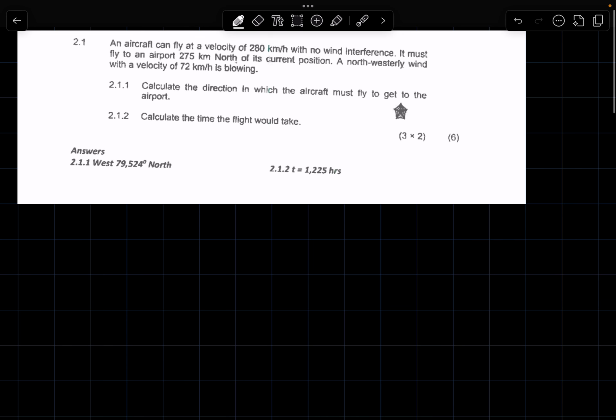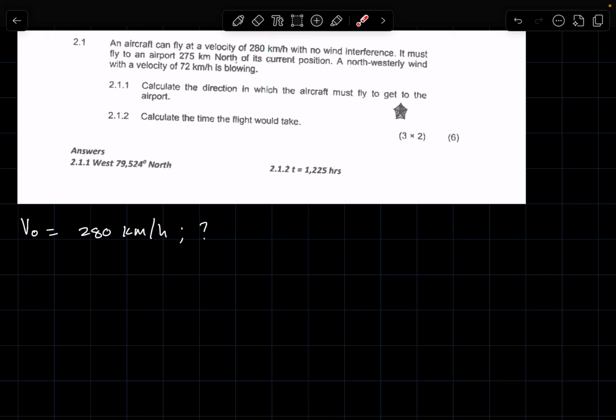So here we have the magnitude of VO, which is 280 kilometers per hour. The direction hasn't been given. So as far as VO, we've been given the magnitude but not the direction.